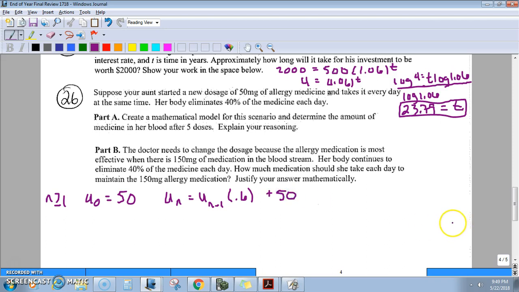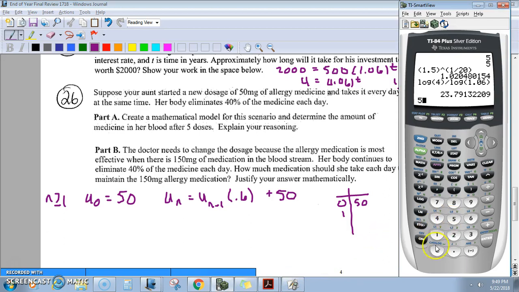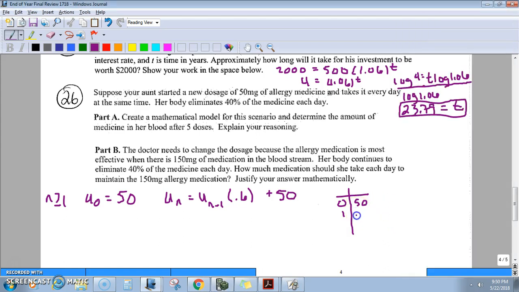And if you wanted to figure out how much she had on the 5th day, that's what it's asking for? After 5 doses. So after the first dose, which we said was actually 0, after that first dose she had 50. Then after one more, you multiply 50 times 0.6 and you get 30, but then remember we have to add 50 more, so you actually get 80.